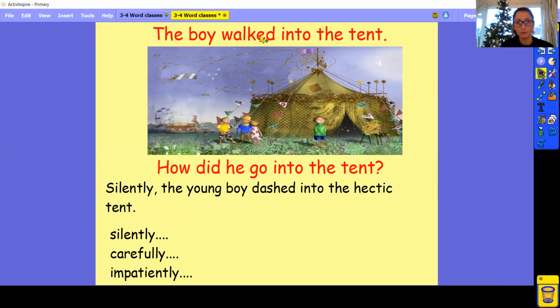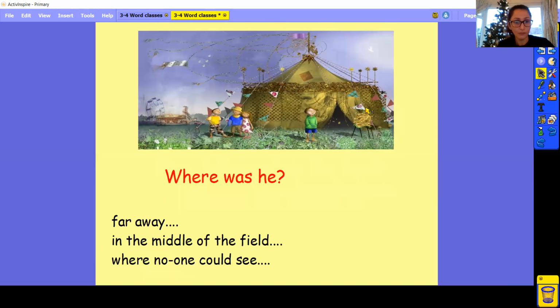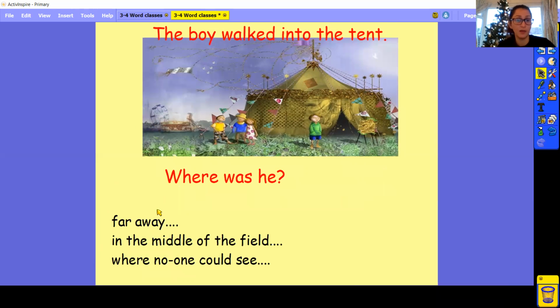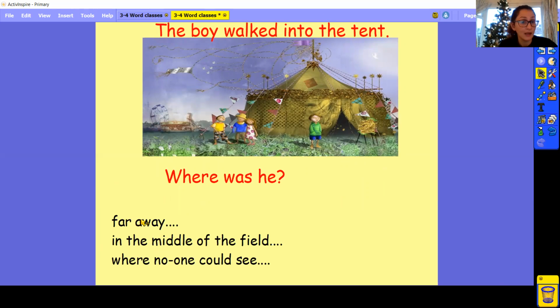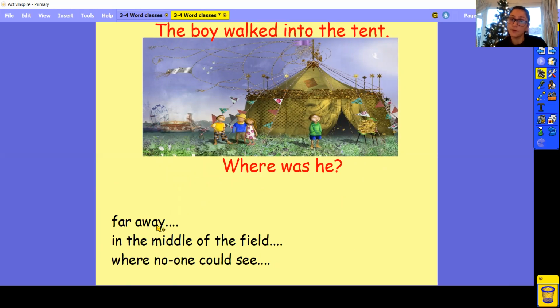So again, we've got the sentence again, and I want you to try and use where was he? So you could put far away, in the middle of the field, where no one can see. Think about how you're going to up-level it, okay? So remember, I wanted a fronted adverbial followed by that piece of punctuation, and see if you can up-level the rest of the sentence for me.